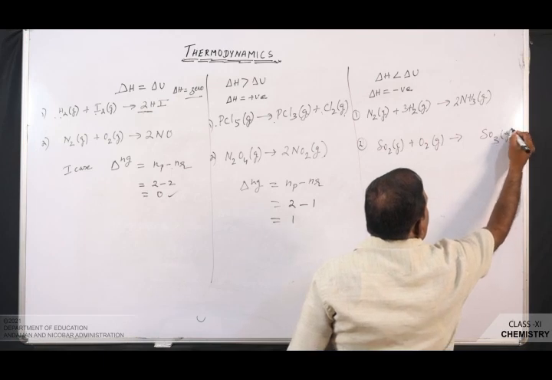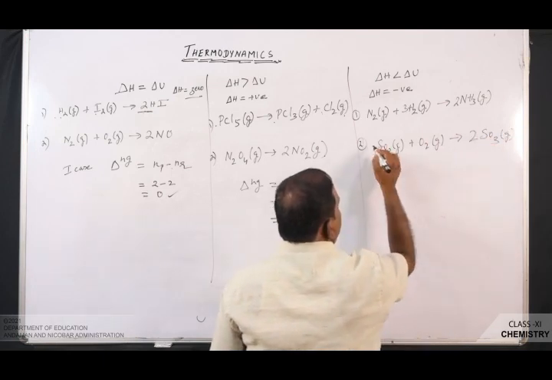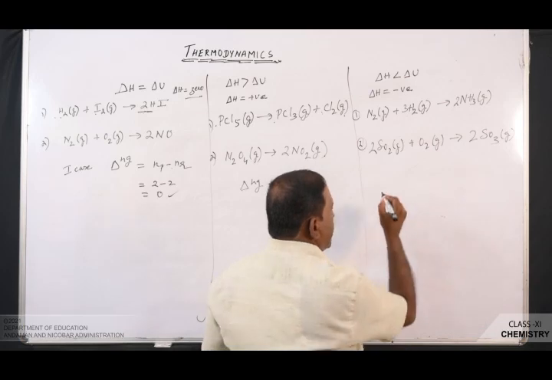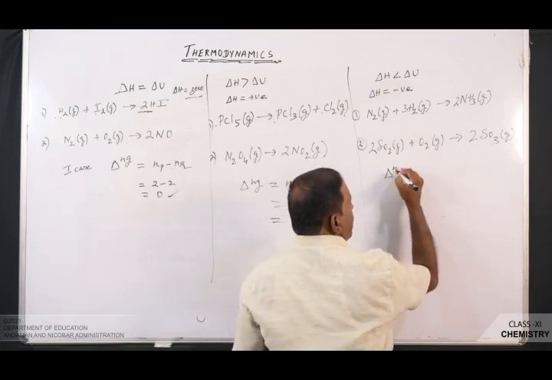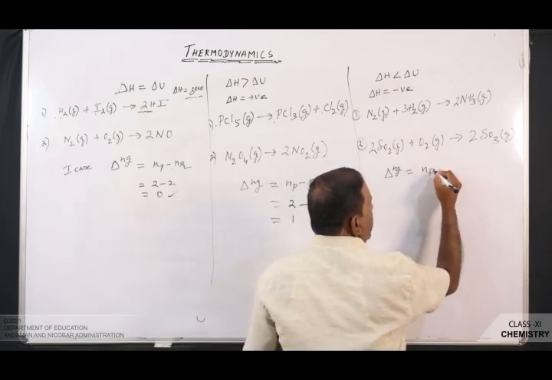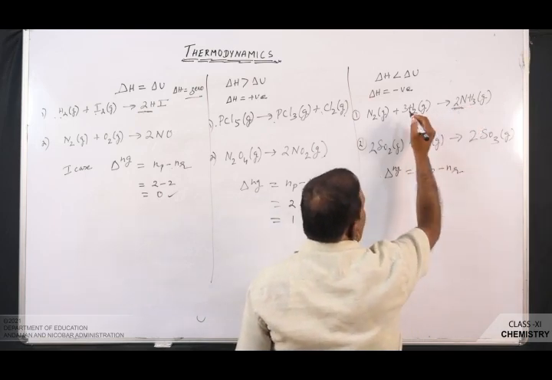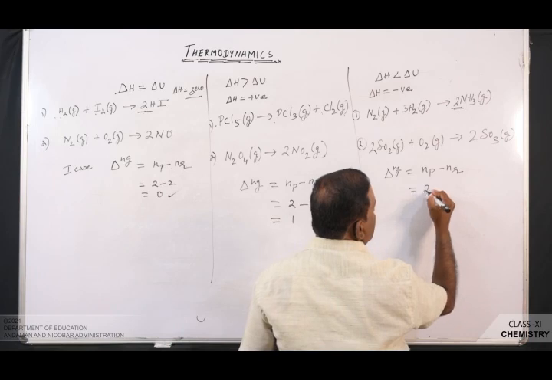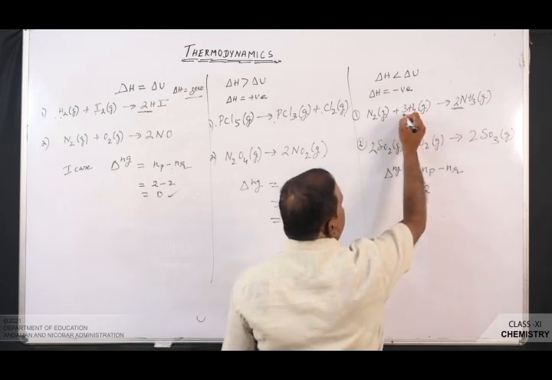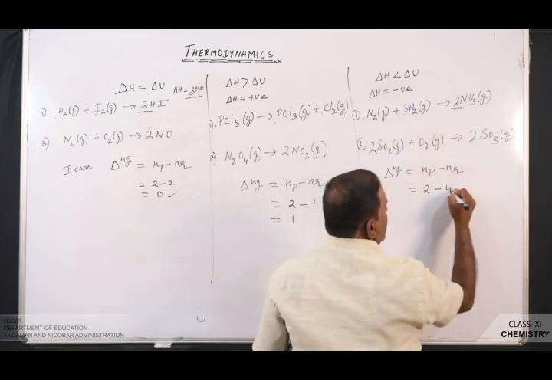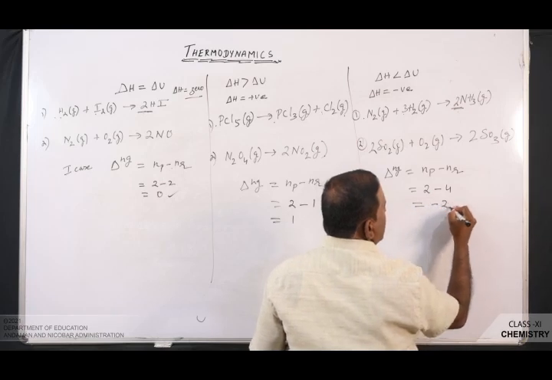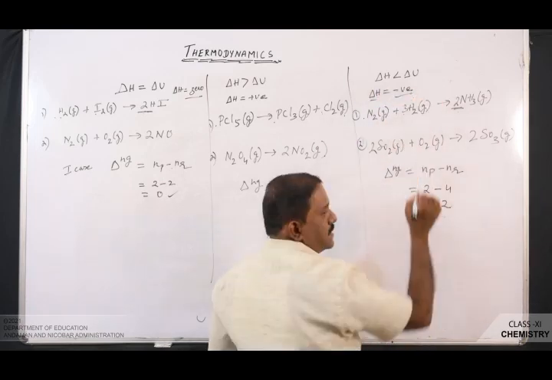Now we balance it: 2SO2 gives 2SO3. Now delta Ng is equal to Np minus Nr. Here the product is 2 moles, and here 3 plus 1, which is 4. So the answer is minus 2. So delta H is negative.